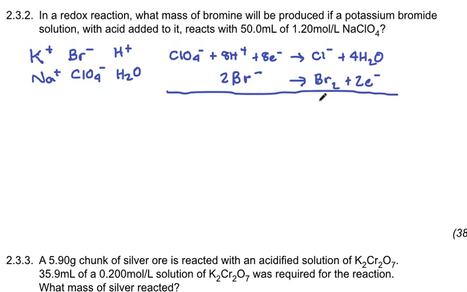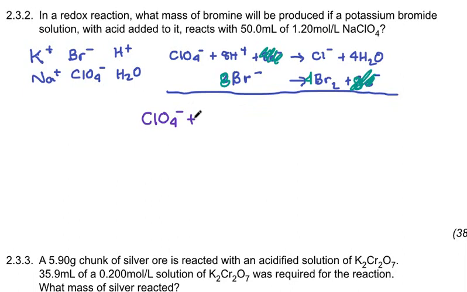I want to combine these two reactions, but I can't because why? The electrons don't match. We have 8 electrons up here, only 2 down here. So if we quadruple the second reaction, we go 4 times 2, 8 bromide, 4 times this, and 4 times 2 makes 8 electrons. Now we have a happy reaction where the electrons match. We can throw away the electrons and smush what remains into one big redox reaction, and that'll be something we can work with.